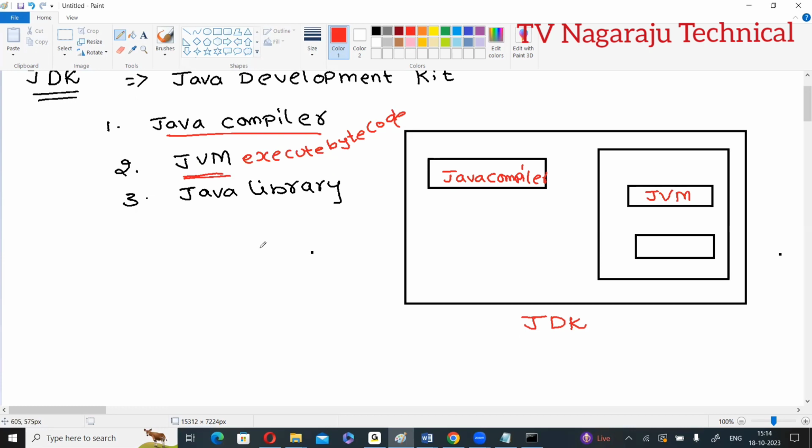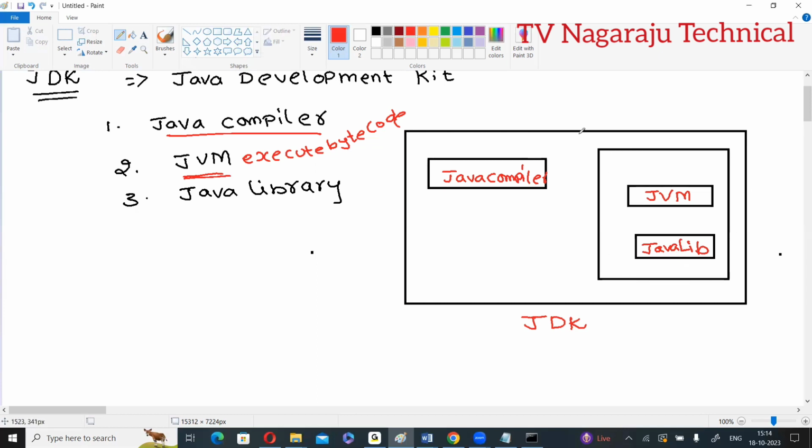Now, the Java library. This is the third component. The Java library provides predefined programming components. Suppose during execution you need any predefined components for constructing applications; the Java library provides them.